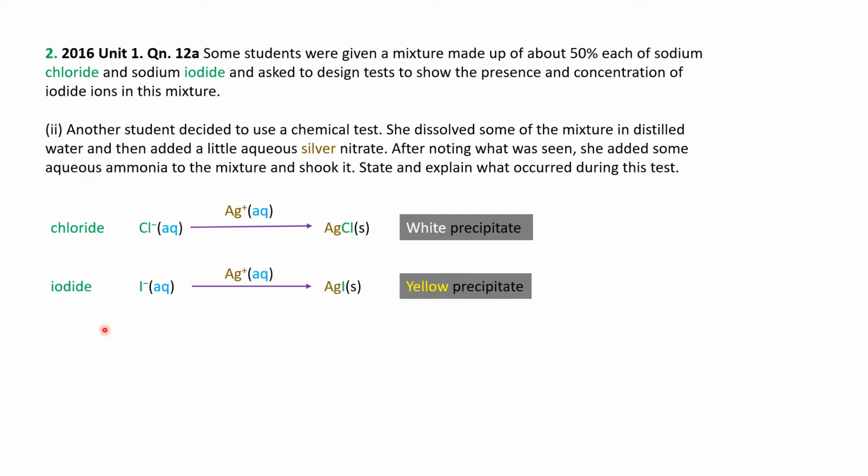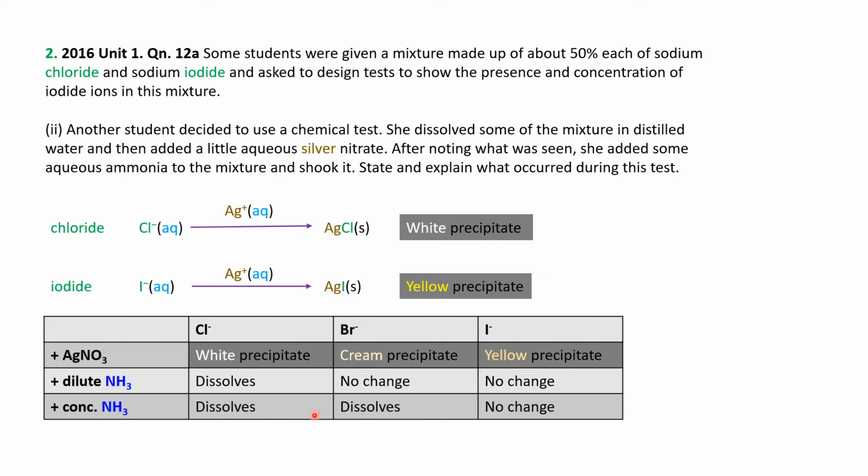And then we're adding aqueous ammonia to the mixture and shook it. Well, as we've already mentioned in the previous question, when you have the silver chloride white precipitate, it dissolves with ammonia. The yellow precipitate from silver iodide does nothing with ammonia. And the reason for that is because ammonia likes to bond to silver and will do so if it can.